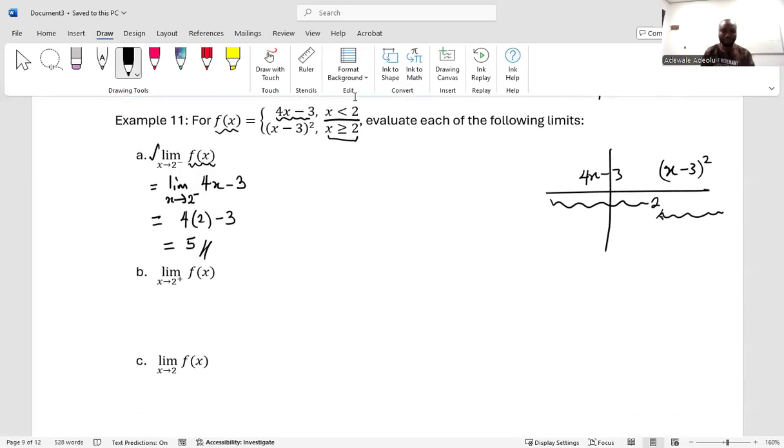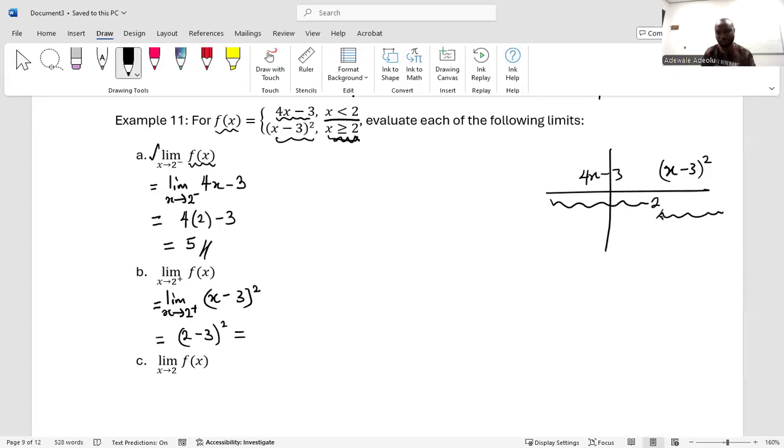Now, what of from above? From above, we will consider this part. So that is the limit as x goes to 2 from above of x minus 3 all squared. We plug in 2 again: 2 minus 3 all squared.